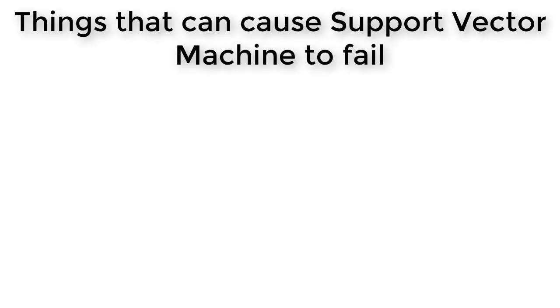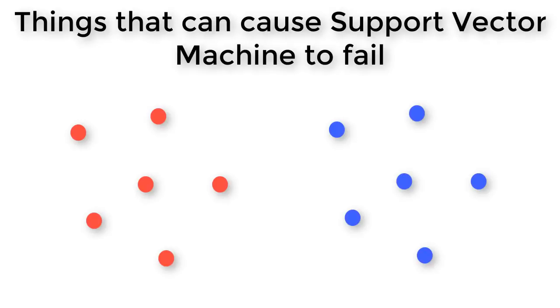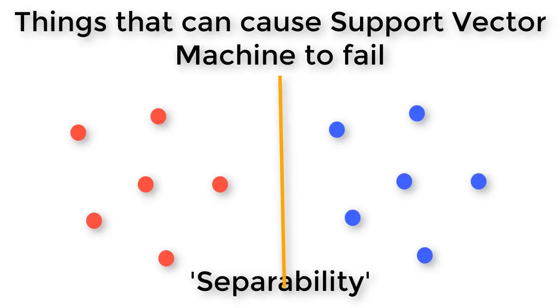Now, there are some things that can cause support vector machine to fail. For example, I've shown data here that has a property that's known as separability. Separability means that it is possible to draw a straight line or a flat plane in between the 2 classes of data.